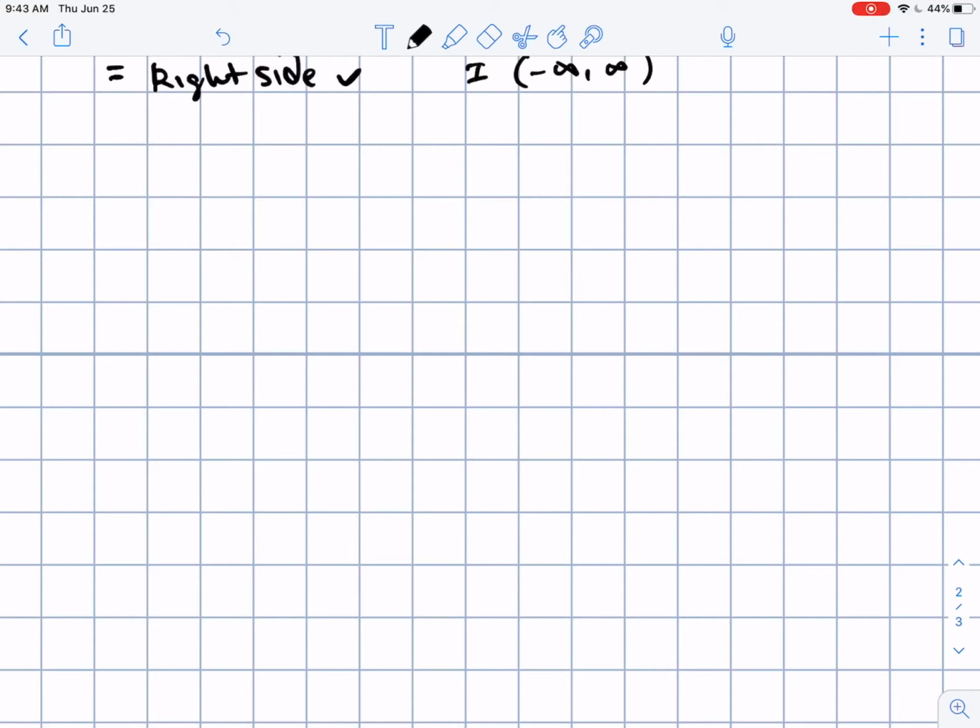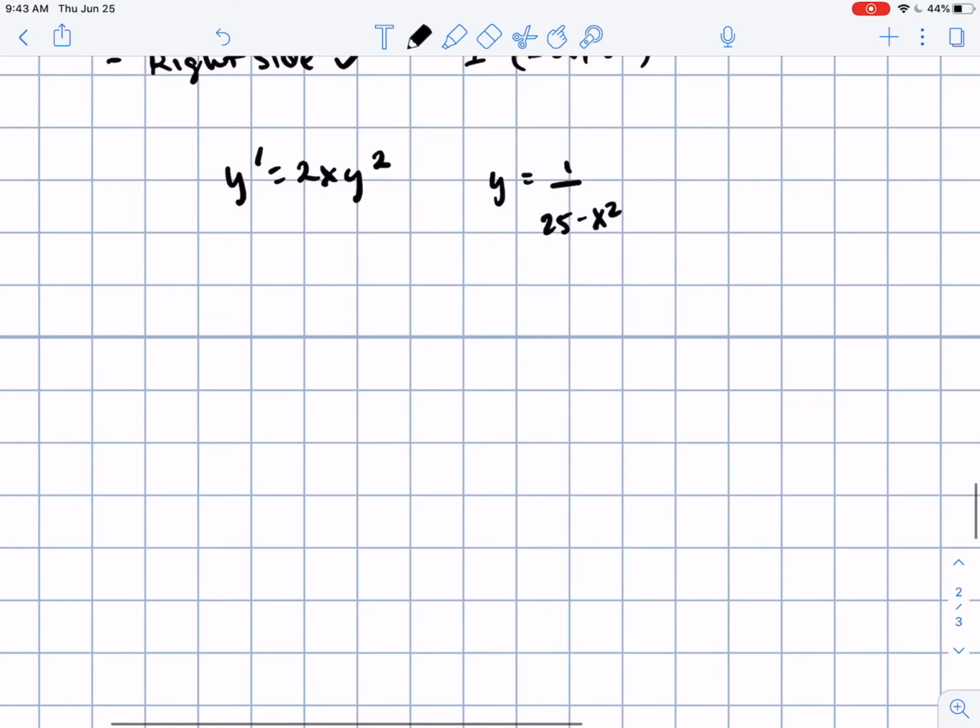Just want to give you one example that you would see on your homework. Yeah, so let's say you had something like this, right? And they're giving you y to be 1 over 25 minus x squared. Okay, so here what you would have is, let's find the first derivative.